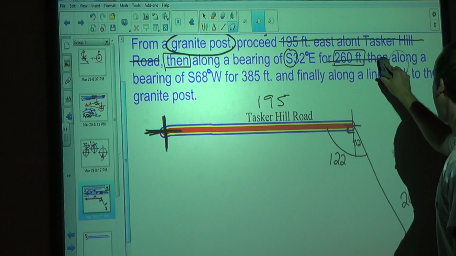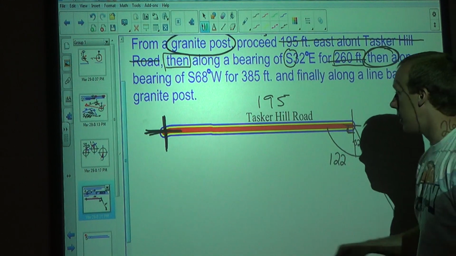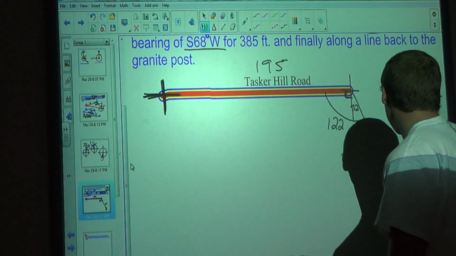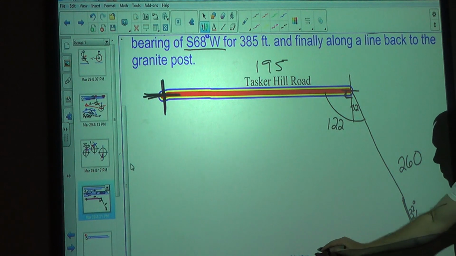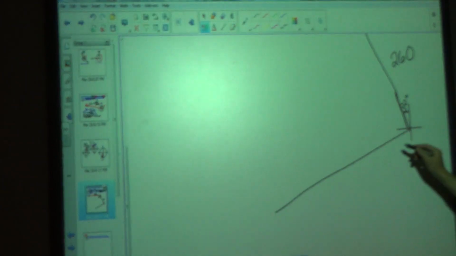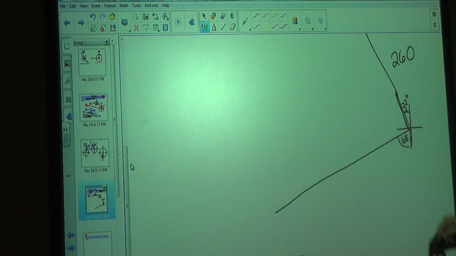It then says then, so now it says then again, which means it's another crosshair. I'm going to go south 68 degrees to the west. Okay? I'm running out of room here. So I'm going to go south 68 degrees. So from the south, starting here, this angle right here would be 68 degrees.